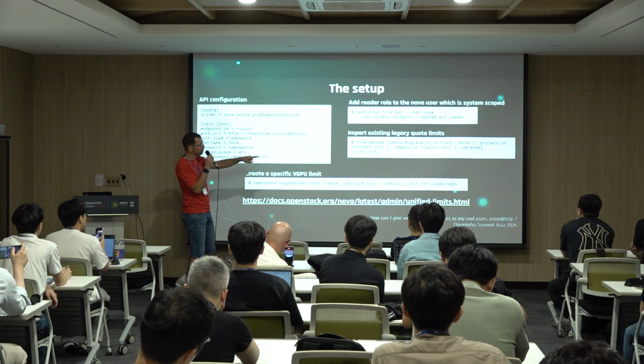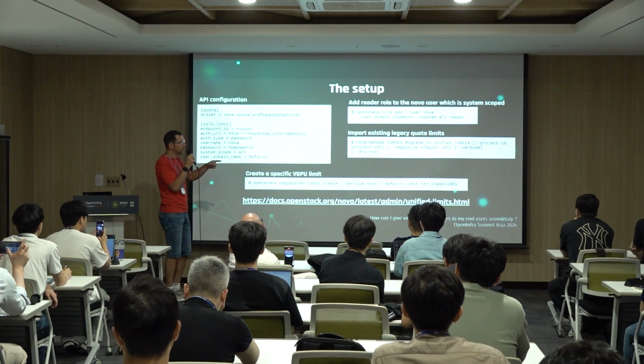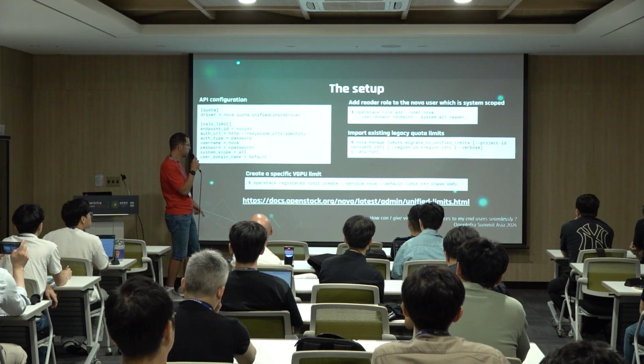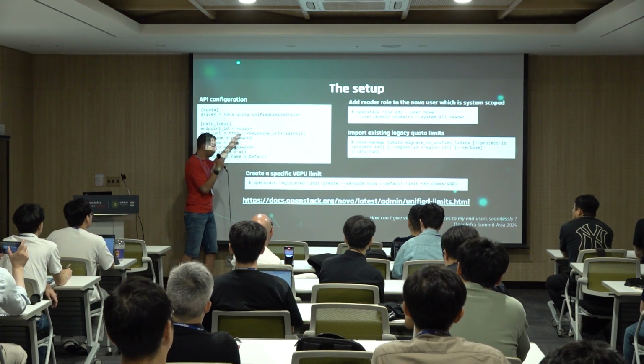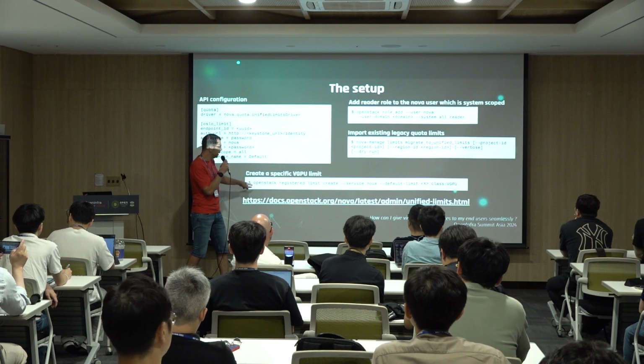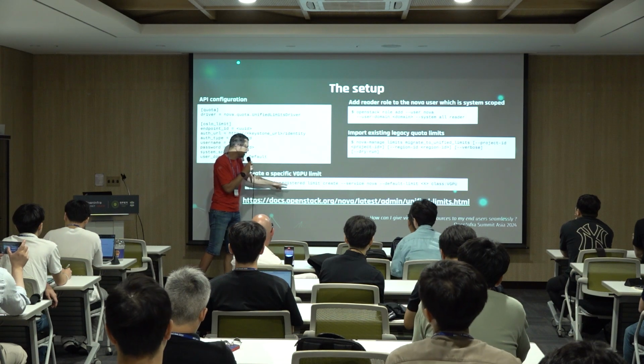Then I'm also migrating the existing limits that I have on Nova. Once I did all the previous steps, I'm creating a new unified limit.